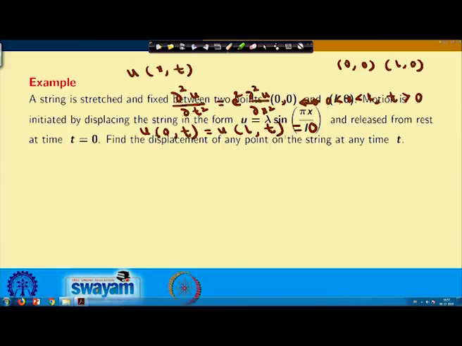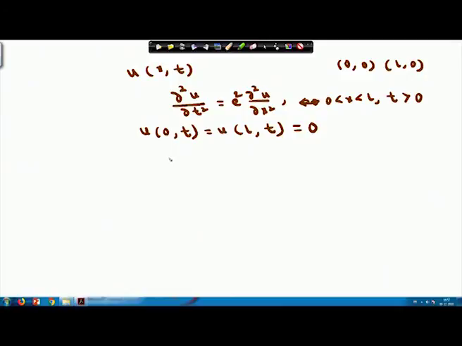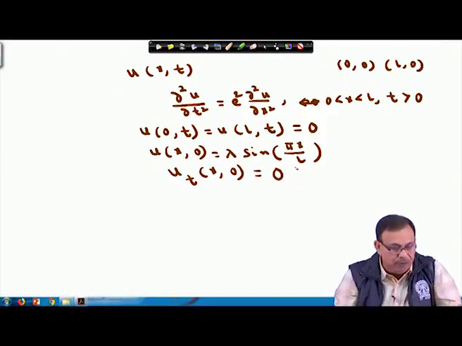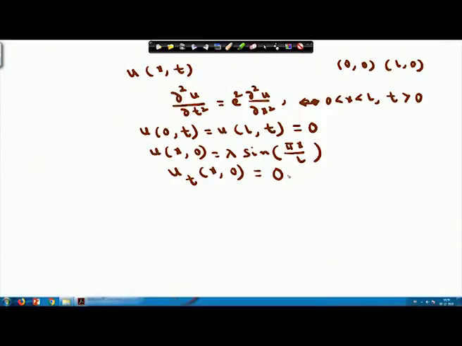So, the other condition will be u(x,0) equals lambda sin(pi x by L). At t equals 0 the motion is initiated, and whenever you take the derivative of this, since it is independent of t, this value is 0.